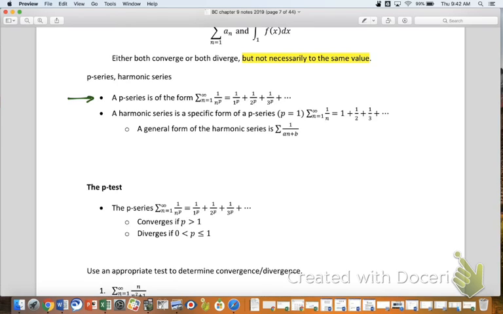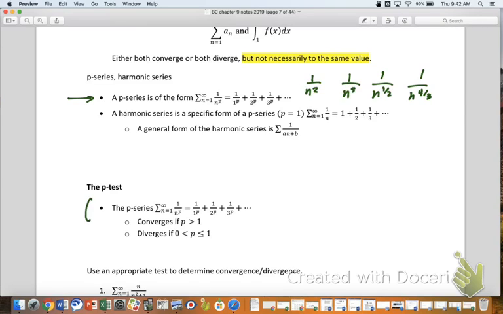Things like 1 over n squared, 1 over n to the 5th, 1 over n to the 1/2, 1 over n to the 4/3 are all considered p-series. P for power typically, but we usually use the letter p because power series is actually a broader, more general term.